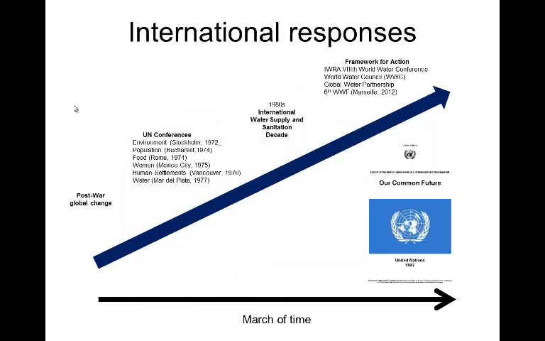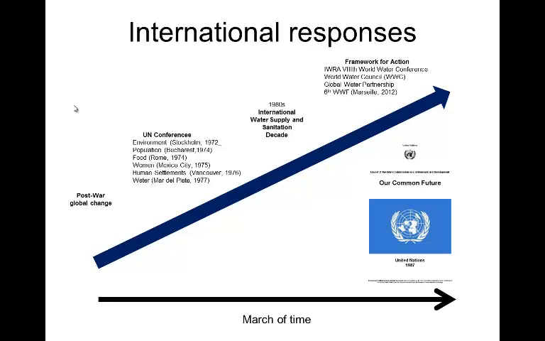So going back to after World War II, there's been a tremendous international response to try to figure out what to do. While I say there's been a tremendous international response, the problem is so large that it's going to take more than these international conferences and United Nations actions to deal with it.